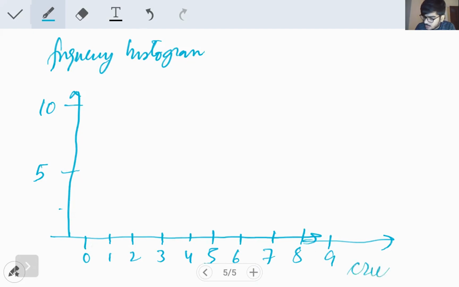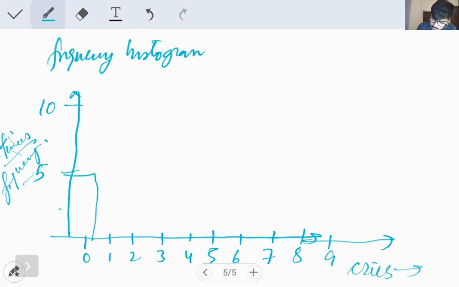We are representing the number of times that they cry on this axis, that is frequency, right? So let's see the number of cries. 5 students had no cry, that was 0. 6 students had one cry, right? And 11 of them cried twice in the last month.